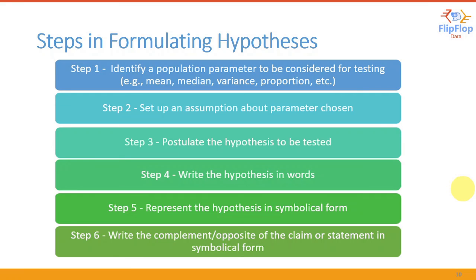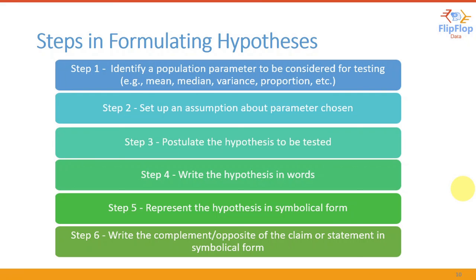The point to note here is that the decision maker is only interested in making inference about population parameters, not in estimating the value of the parameters. Second, stating the hypothesis to be tested and writing it in words. Then the identified hypothesis has to be represented in symbolical form. Then writing the complement or the opposite of the claim or statement in symbolical form.